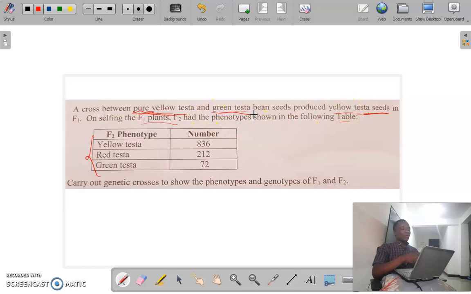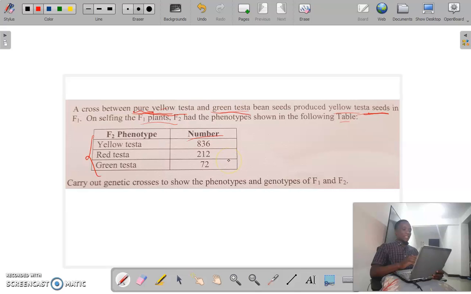But from those numbers of phenotypes obtained in F2, we can obtain the ratio, because numbers alone do not provide us with anything. What we're supposed to do is find the ratio from those numbers provided.